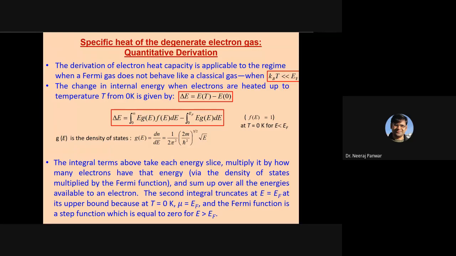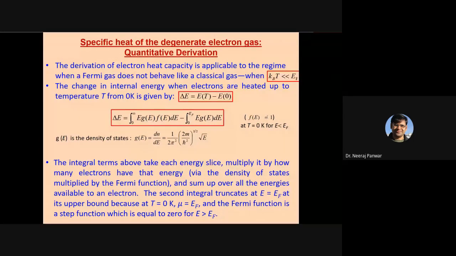If we multiply these electrons with energy, we get the total energy associated with the electrons at temperature T. So we have written the integration from 0 to infinity of E times g(E) f(E) dE, minus the energy at T equal to 0 Kelvin. We know that the Fermi-Dirac distribution function f(E) at T equal to 0 Kelvin would be equal to 1.